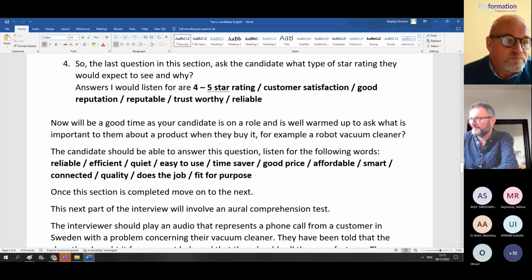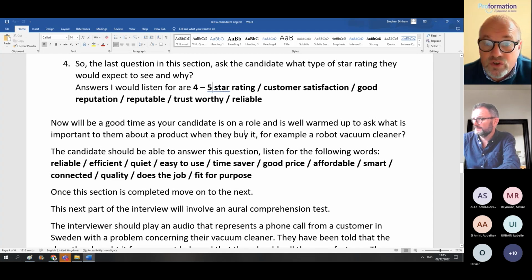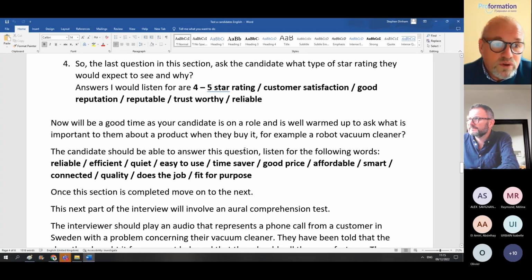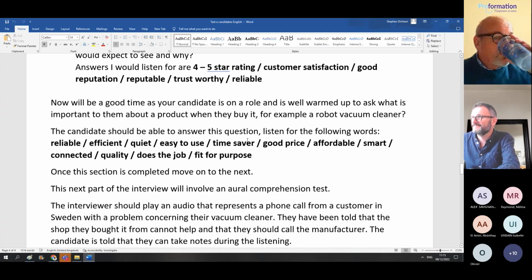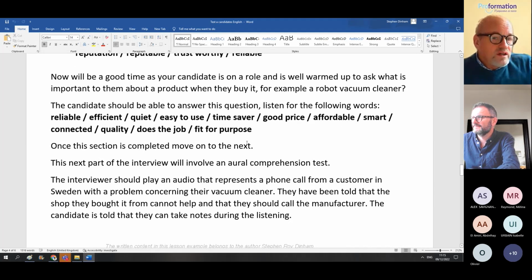Now will be a good time, as your candidate is on a roll and is well warmed up, to ask what is important to them about a product when they buy it. For example, a robot vacuum cleaner. The candidate should be able to answer this question.